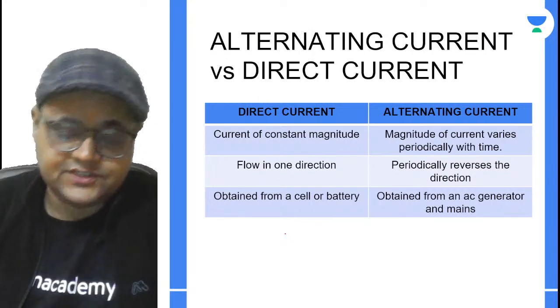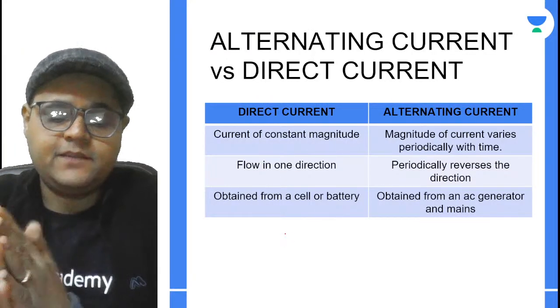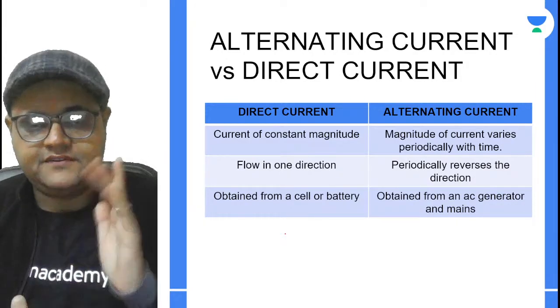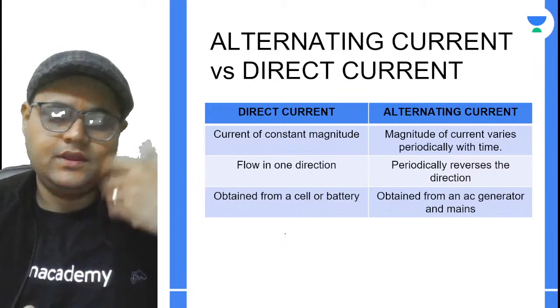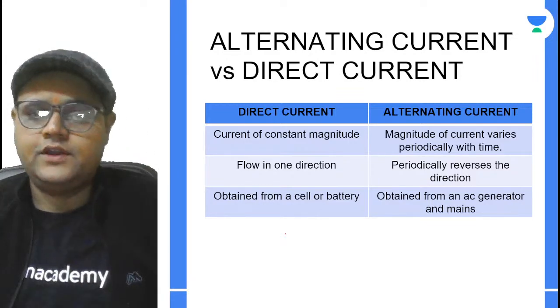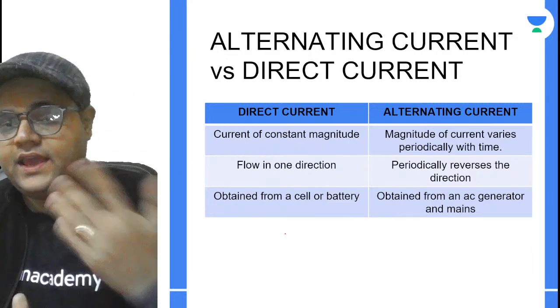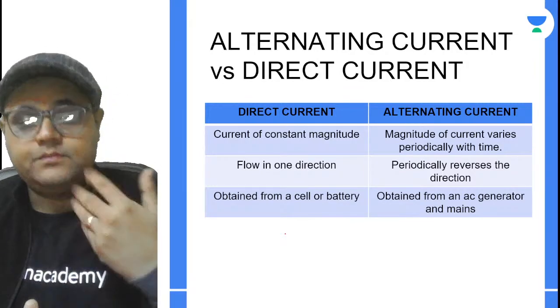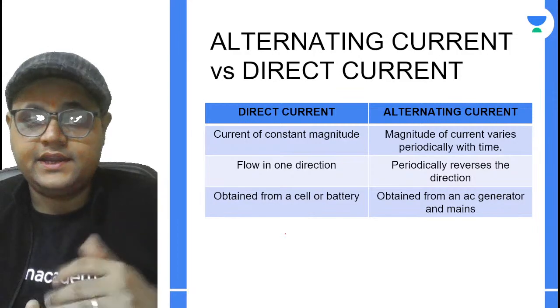Okay, so let's start the session. First of all, let me brief you on the course of the session. The session is divided into two parts. In the very first part, I'll be discussing a very common topic, alternating current versus direct current: which of them is more advantageous, and whether we more often use an alternating current or a direct current.